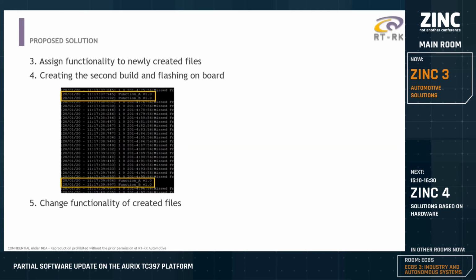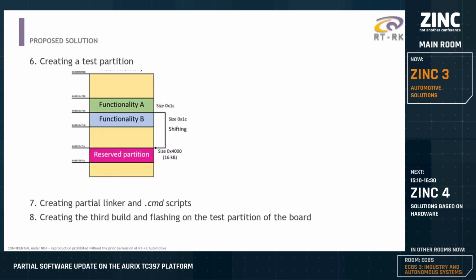The version of the initial function was 1.0, and after the update the version is 1.1. To shorten the time needed to build the executable file, only a reserved part of the memory will be used, the one colored in pink, the reserved partition, instead of all available memory.